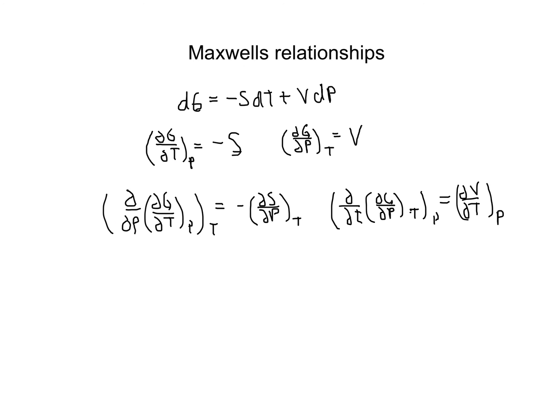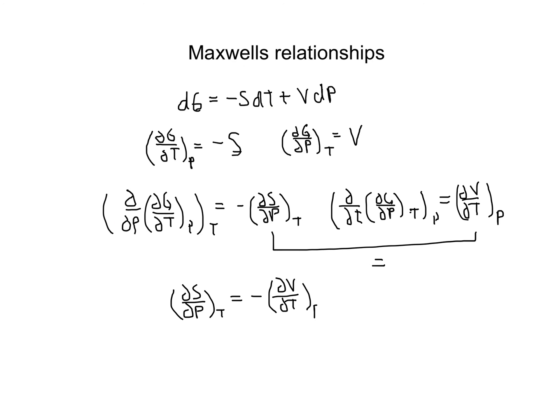And since this is a state function, the mixed second order derivatives are equal, and so I can set the derivative of entropy with respect to pressure at constant temperature equal to the opposite of the derivative of volume with respect to temperature at constant pressure.